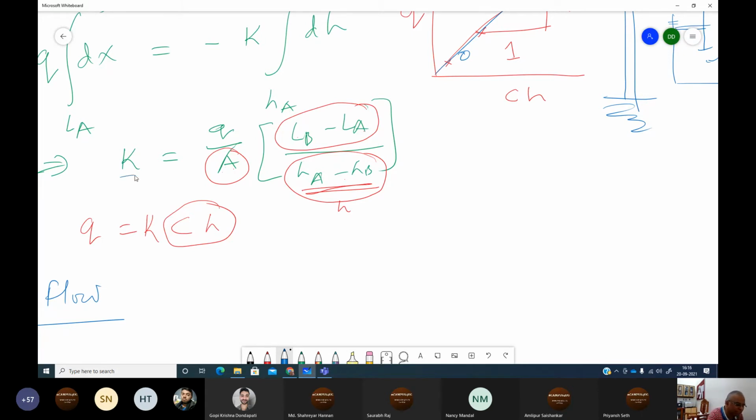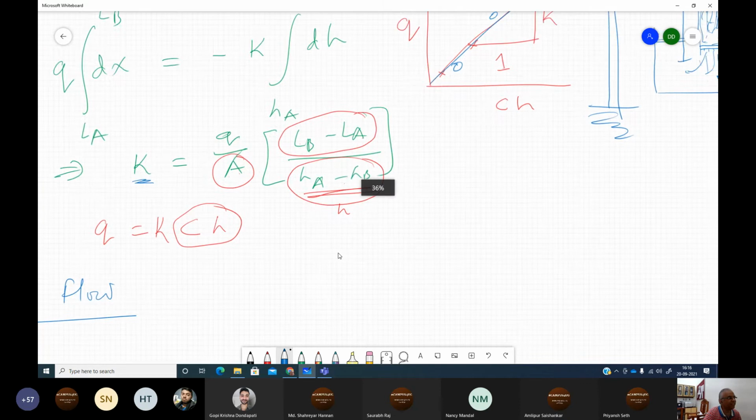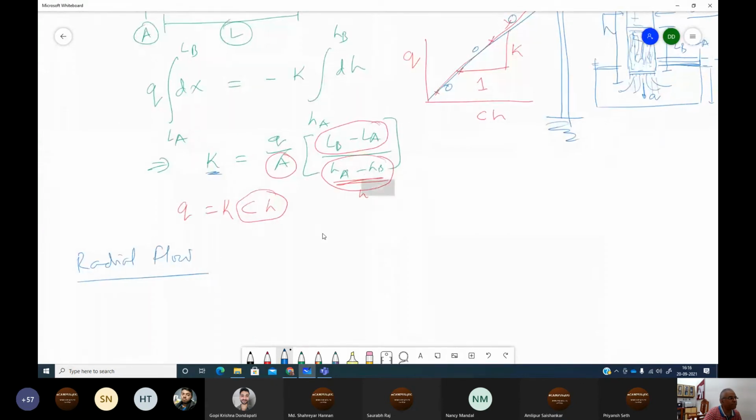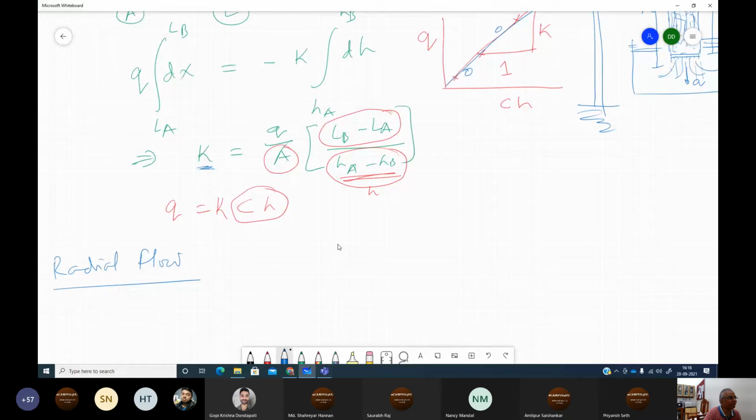Can anybody tell me? Sir, meter per second. Meter per second means velocity. So you are basically measuring the velocity through this.